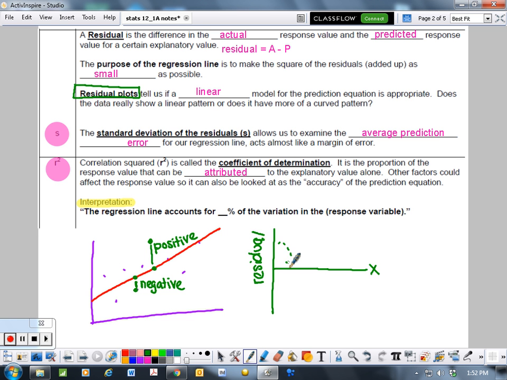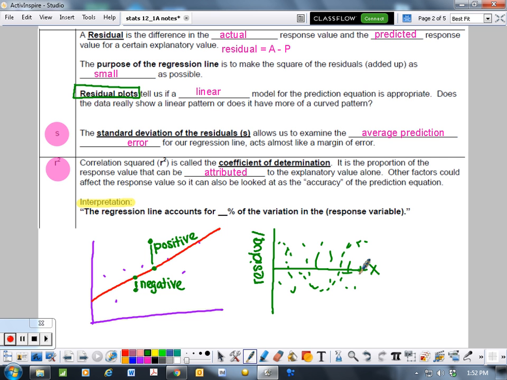If we end up with a pattern like this on our residual plot, that would tell us that our original graph wasn't a real linear graph. And if it ends up being just very random, that's good, because that means our original pattern was linear and we can use a linear regression to plot that.